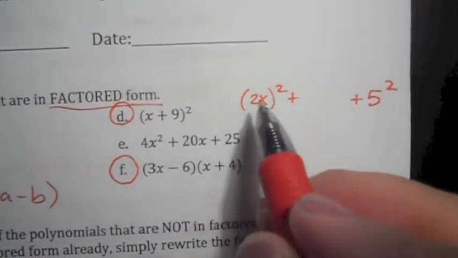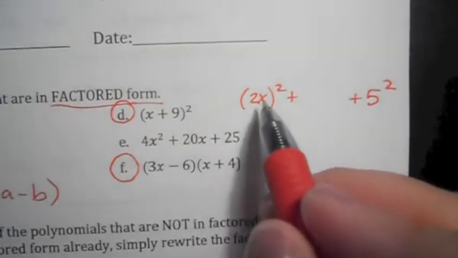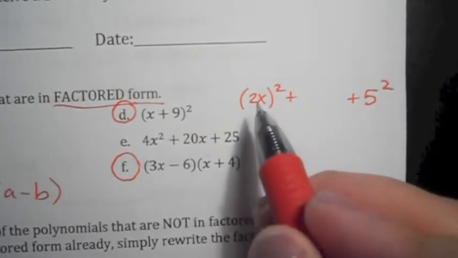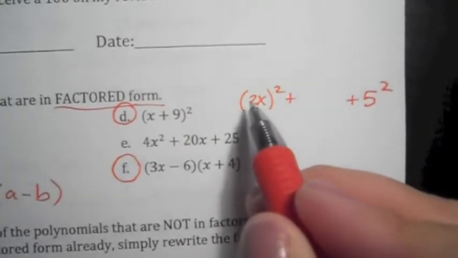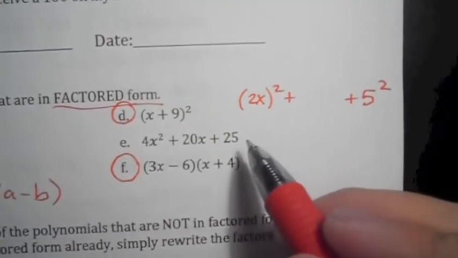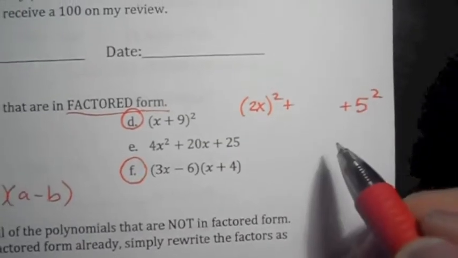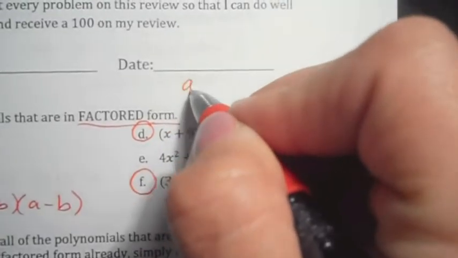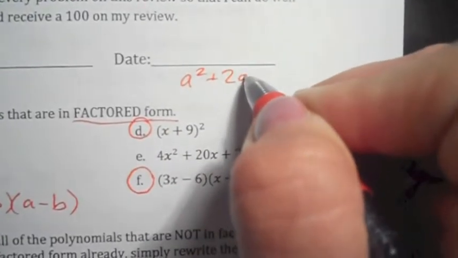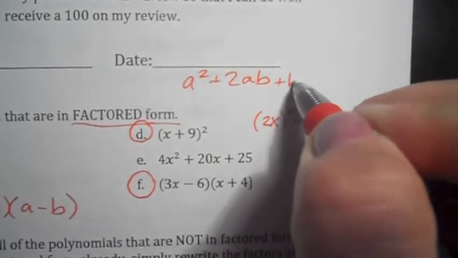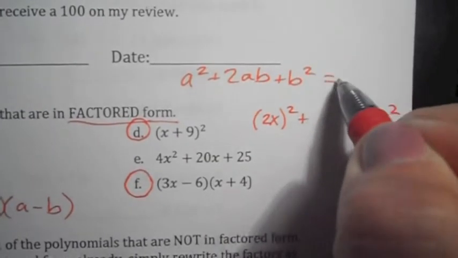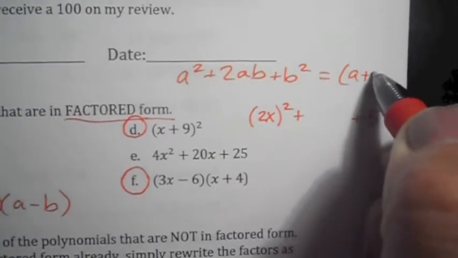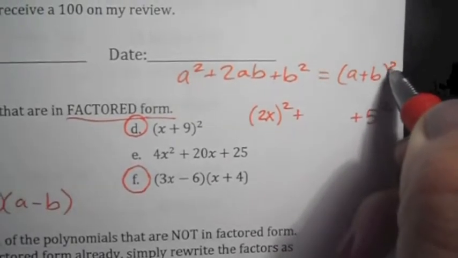When you write it like this, it's very obvious that 4x squared is something squared, because 2x squared is 4x squared. And 25 can be written as 5 squared. So according to our formula that says if you have something that's in this form, then the factors are just a plus b quantity squared.